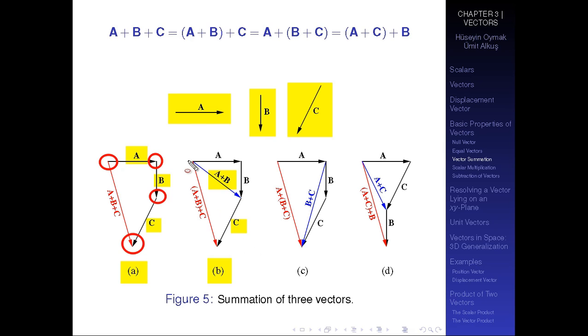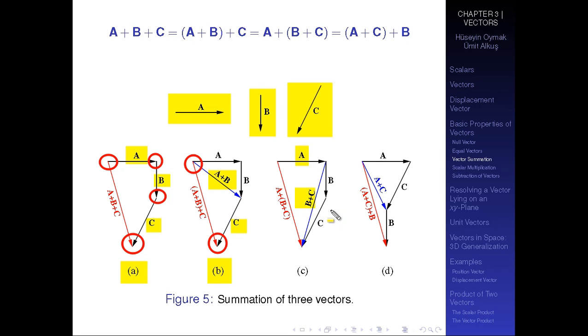The resultant vector A plus B plus C is obtained by placing its tail at the tail of A plus B and its head at the head of C. In the third case, in figure C, first B and C are summed, and then A and B plus C are summed.